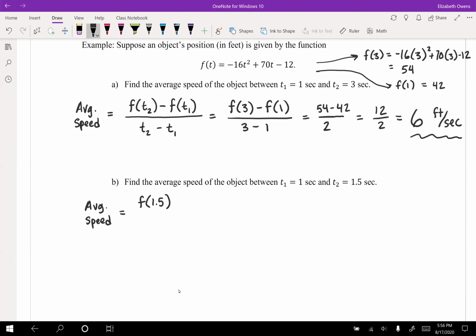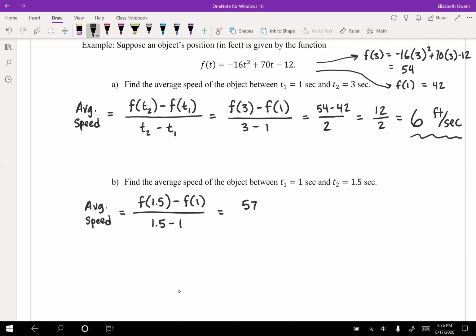So it's going to be f of 1.5 minus f of 1 over 1.5 minus 1. You'd have to plug t equals 1.5 back into that function. Feel free to use your calculator on that.